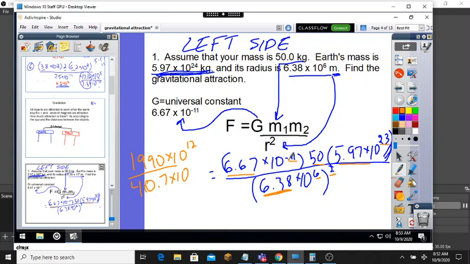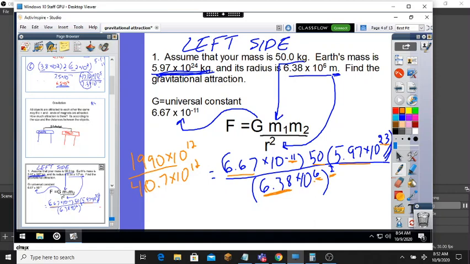When we're multiplying numbers with exponents, we add them. But in this case, we have an exponent raised to an exponent, so we would actually multiply these two exponents, okay? Here you would add them, but here, this is this number squared, so you actually multiply these numbers. So this would be a 12.